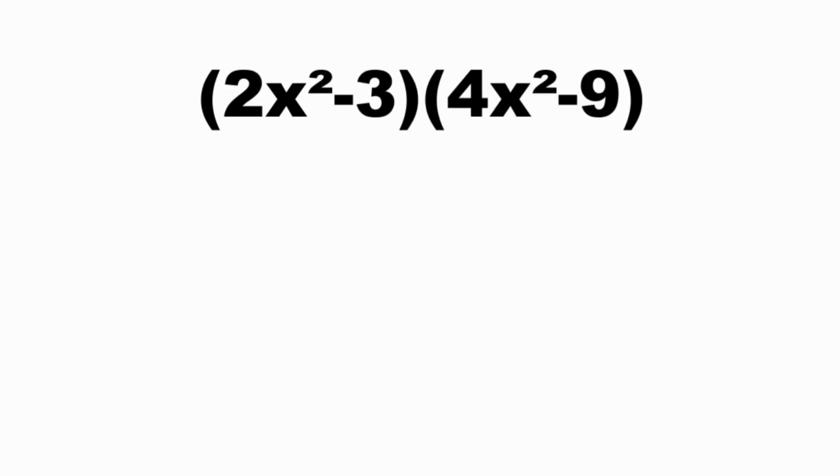We have here quantity 2x squared minus 3 times quantity 4x squared minus 9.